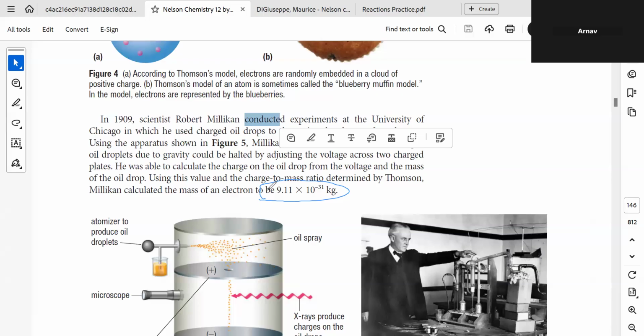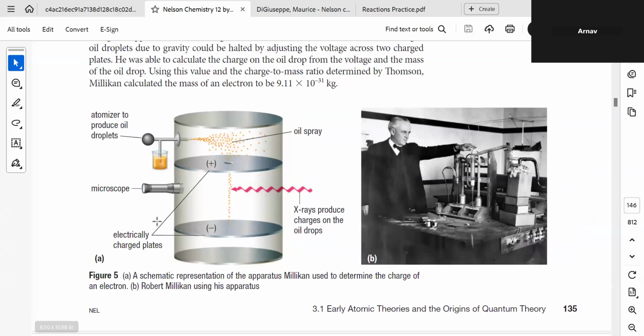Now, how Robert Millikan did that was his experiment, called the oil drop experiment.